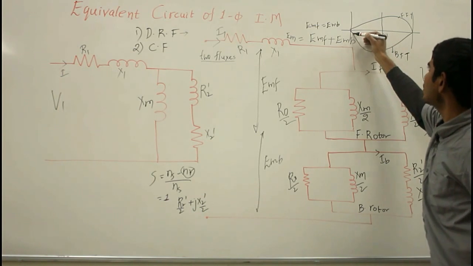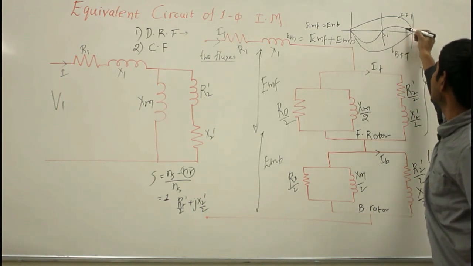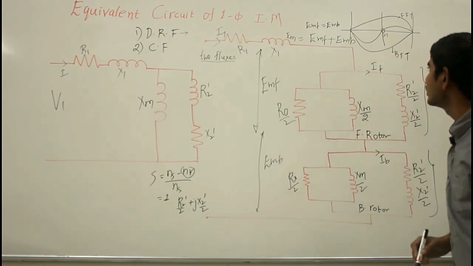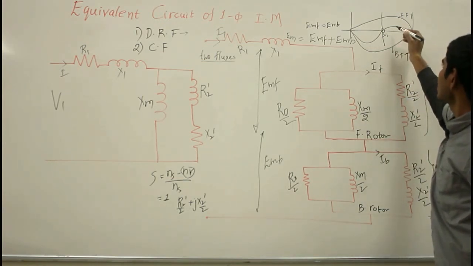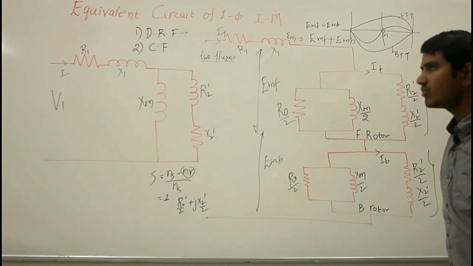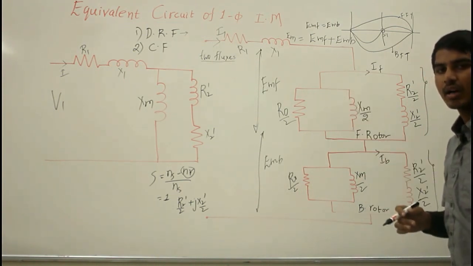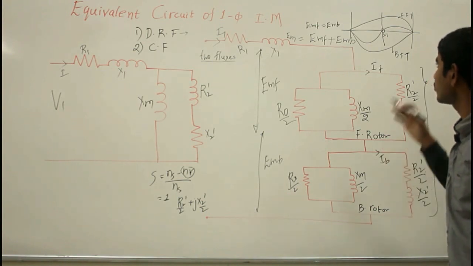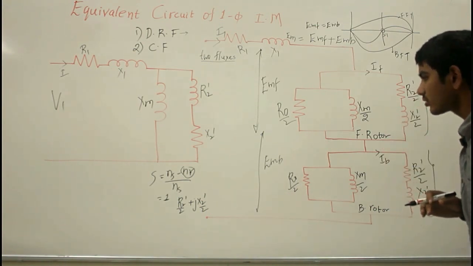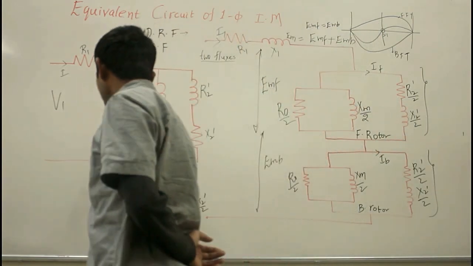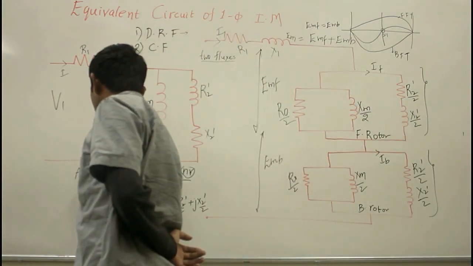The resultant torque will be like this, and at standstill condition where slip is equal to 1, the resultant torque is 0, and hence the single phase induction motor is said to be not self-starting, unlike a three-phase induction motor, for this reason. To start the induction motor, we provide an auxiliary winding.